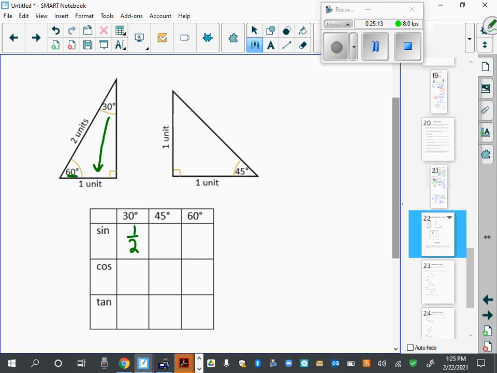If we use this guy, cosine 60, adjacent over hypotenuse, is also 1/2. So that makes it easier to memorize. Know that these two are exactly the same. And let's figure out the one thing we can use with the 45.